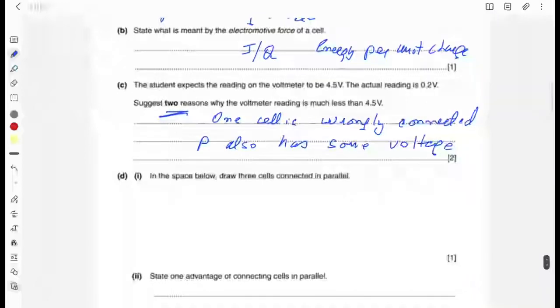Part D, in the space below, draw 3 cells connected in parallel.